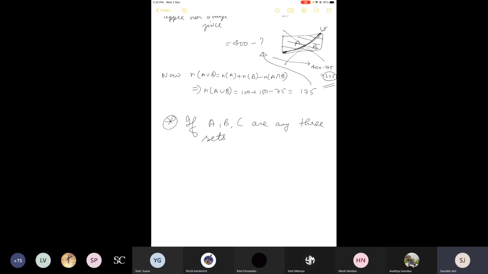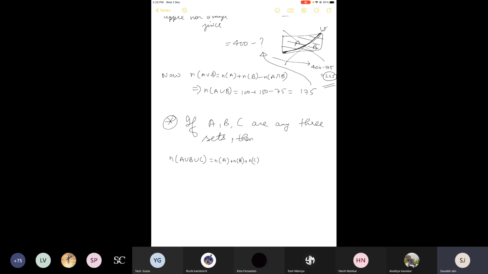Now let's take the next result. This is with reference to three sets. Till now you were solving questions on two sets. Now three sets may also be involved, and the result will be a little bit different. So you have to remember these two results. N of A union B union C is NA plus NB plus NC.